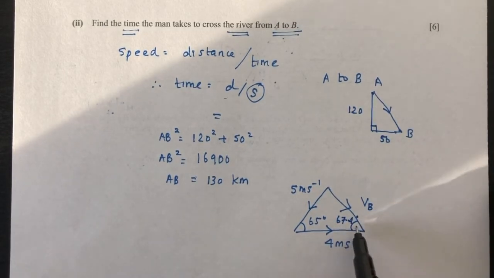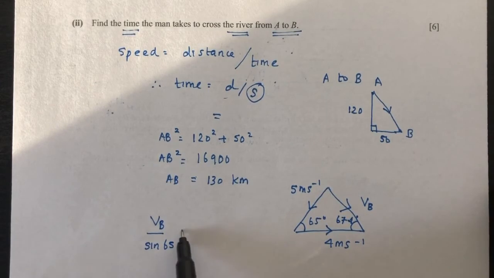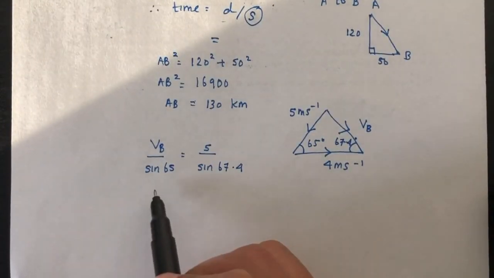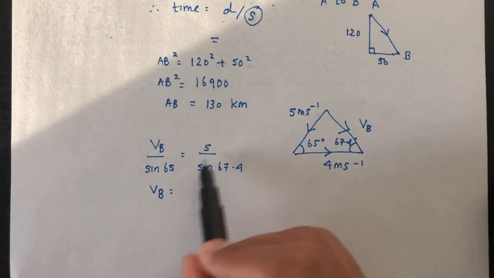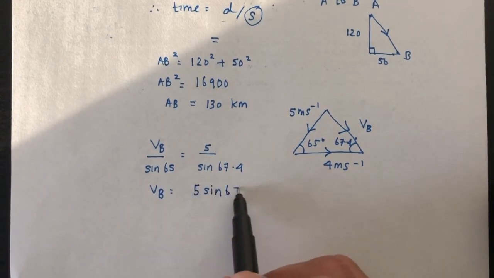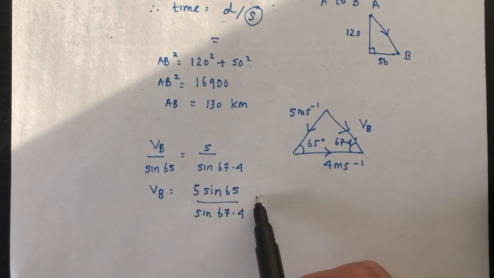So we can use the sine rule to find this side. We say VB over sine of 65 equals 5 over sine of 67.4. We can solve this by cross multiplication. So 5 sine of 65 divided by sine of 67.4.